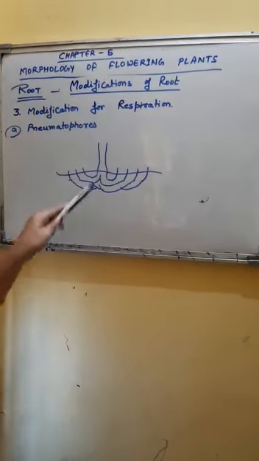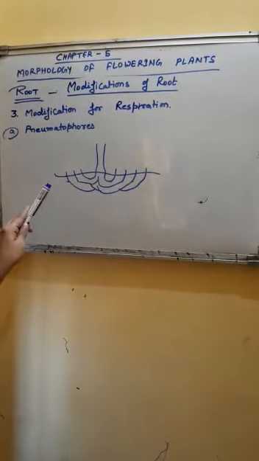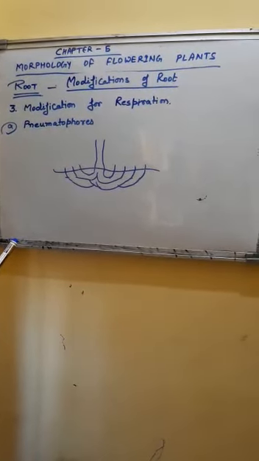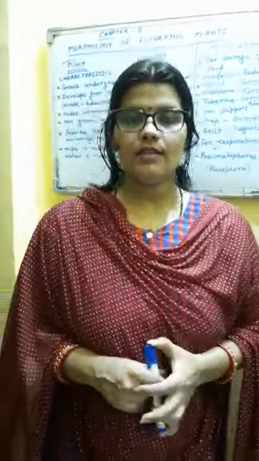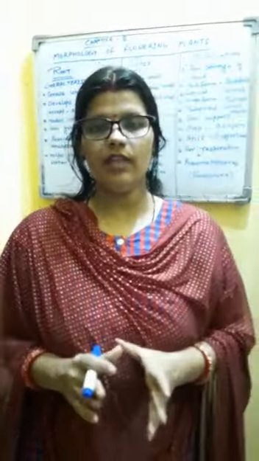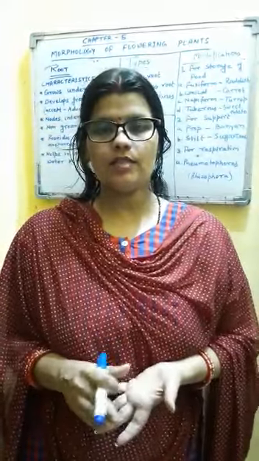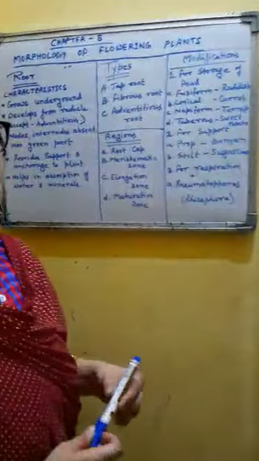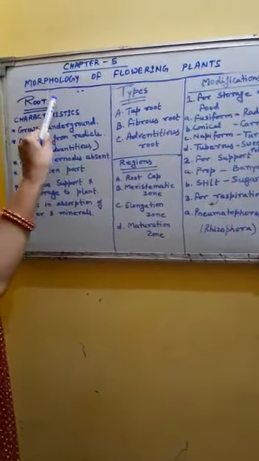So these are the modifications of root for various purposes. So students, let's summarize the topic once again. Let's have a brief recap of what we studied in today's session. We studied about root.